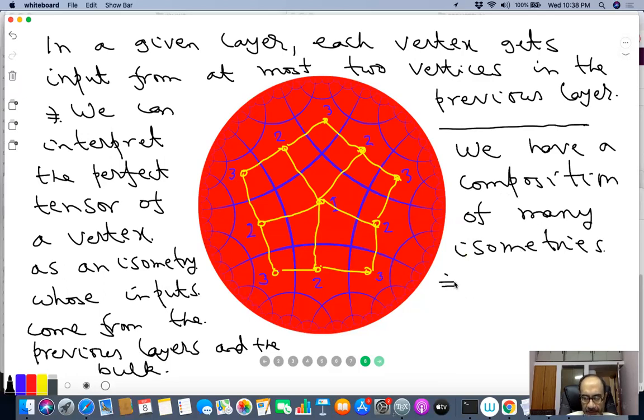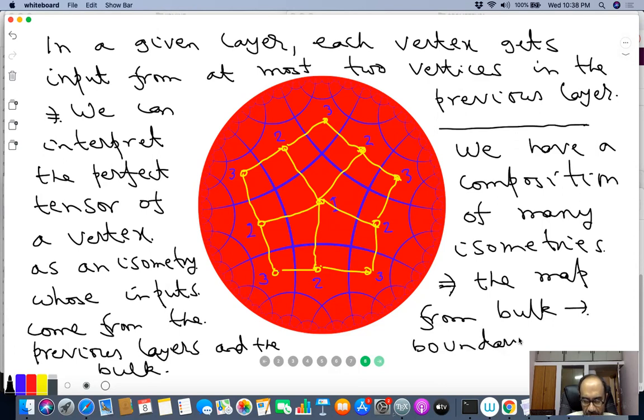So this essentially tells us that the map from bulk to boundary is an isometry. And this, of course, also shows that you can push the operators from the bulk to the boundary. Are there questions?